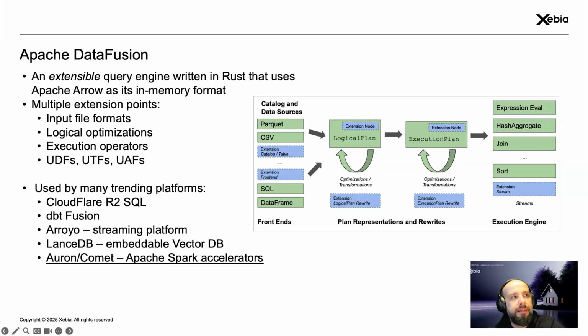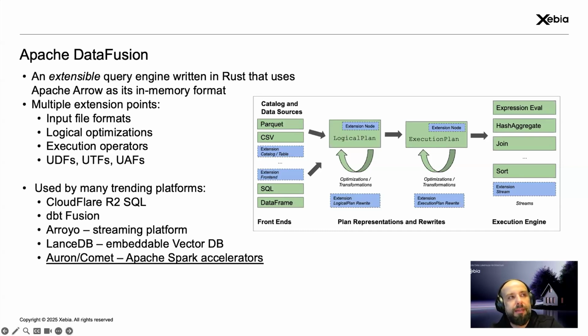And indeed, there are a couple of tools and platforms that use DataFusion as their internal query engine. For example, the recently announced Cloudflare R2 SQL platform is built upon DataFusion. dbt Fusion, also a new engine for dbt, is written with DataFusion. Arroyo is a trending streaming platform.